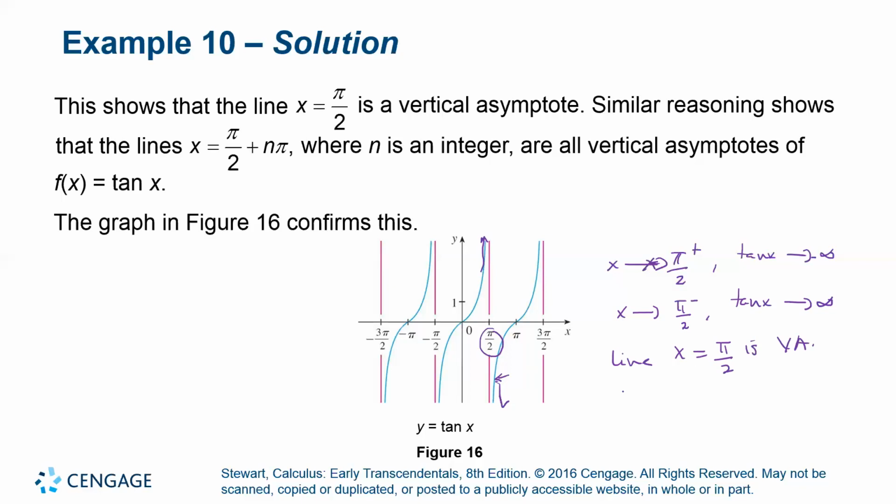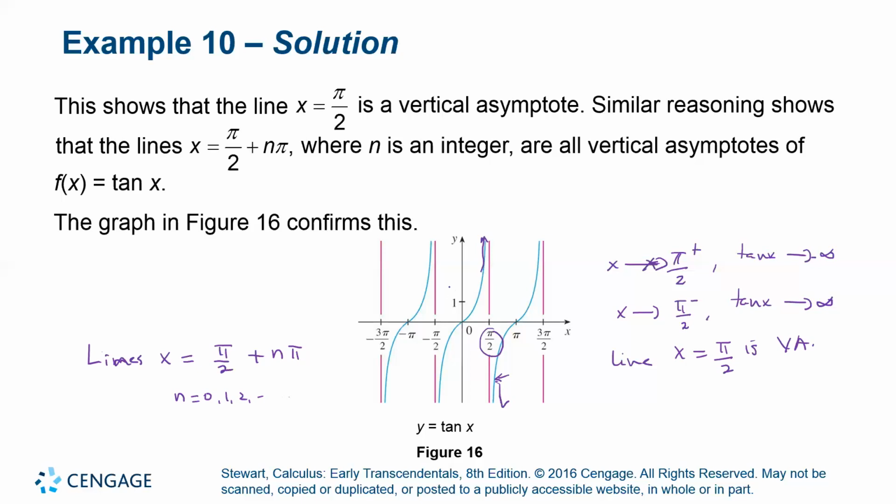And then since the period of tangent is pi, we can generally say all the lines in the form x is equal to pi by 2 plus n pi, where n is 0, 1, 2, like that, all the integers, plus or minus, n is an integer.